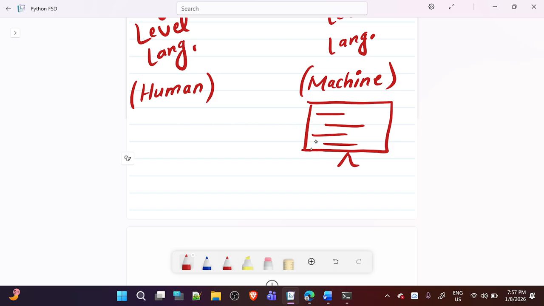But the machine understands one language, which is machine language, known as binary language. What does binary mean? Binary means two.